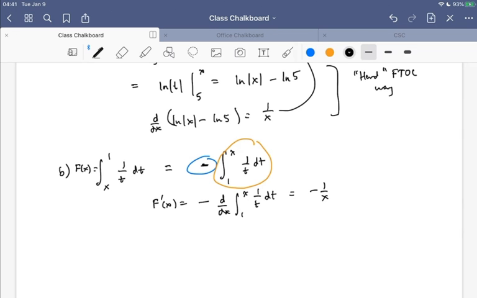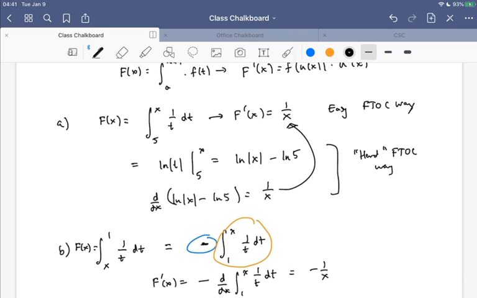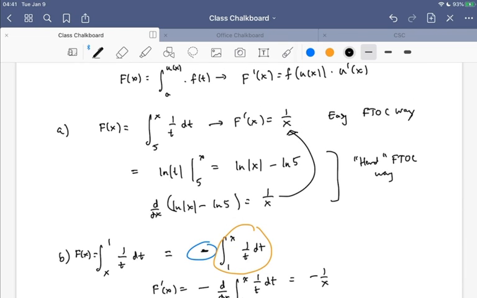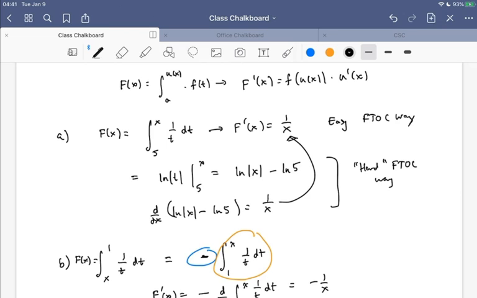One of the things that I think confuses students on this particular thing is, let's contrast this with part A. I actually just realized I miscopied it, that the problem actually was the integral from 25 to x. But if you notice, the constant actually doesn't matter.